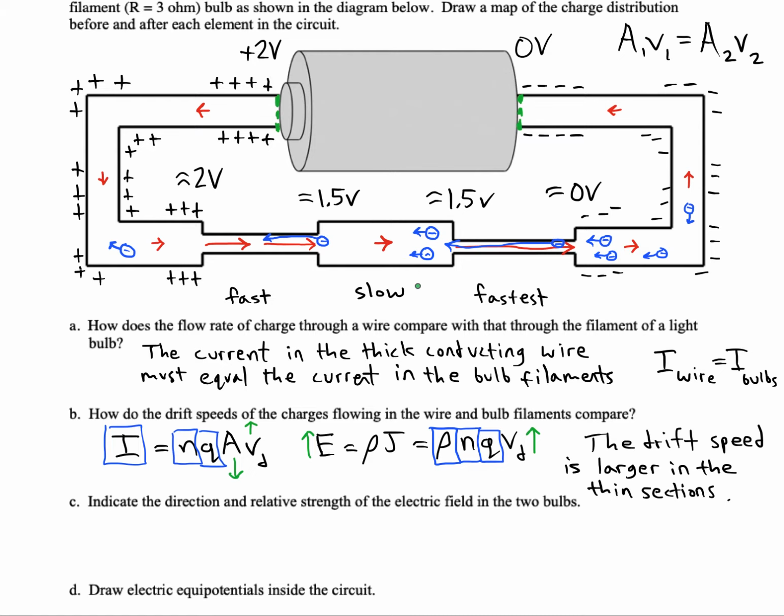So where is there a potential difference then? It's going to be across these thin bulb filaments. And we're going to lose more potential in the very thin bulb compared to the thicker one. So let's say I put down some markings. I could mark every 0.2 volts.